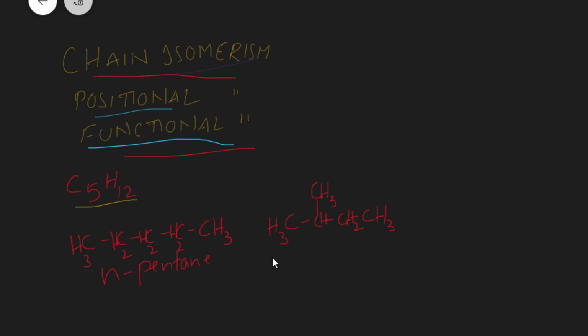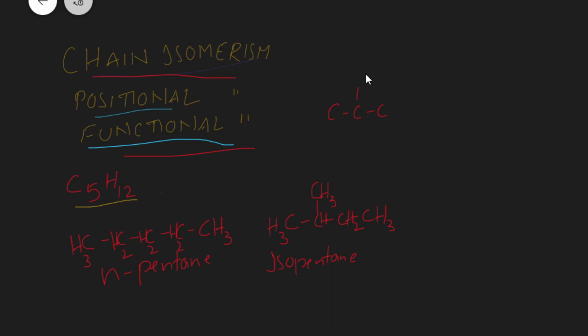And this is isopentane. One more you can also write as, here I will write 1, 2, 3, 4 and 5 carbons. This is CH3, CH3 and another CH3 over here and CH3. This is neopentane.